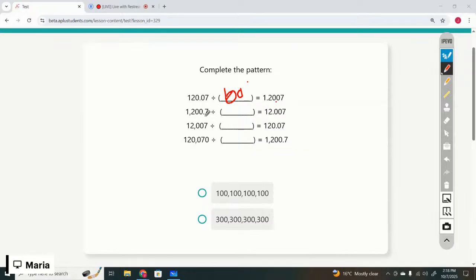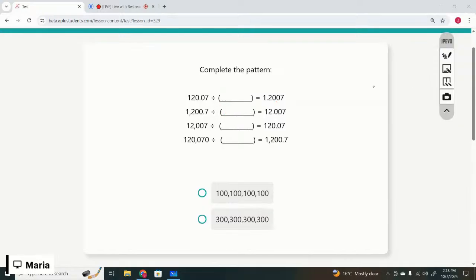So the decimal point is moved from here to here again, two places left. So they all are dividing by 100. Option number one is the correct option.